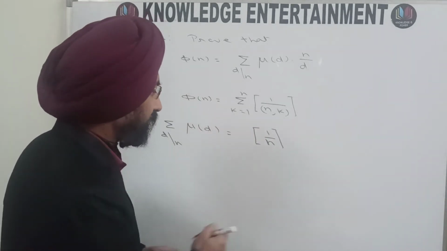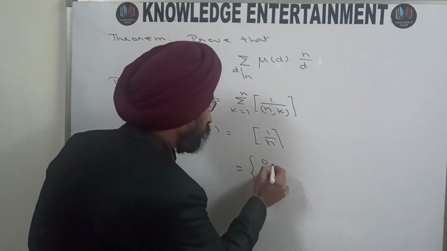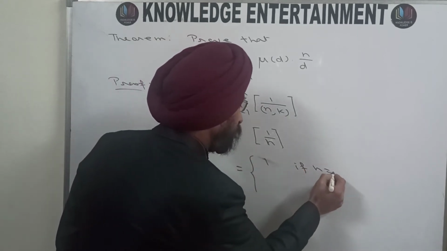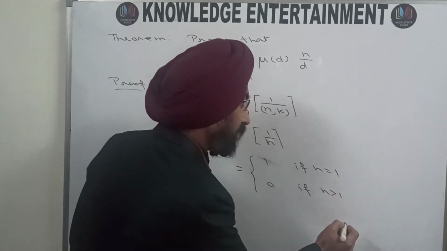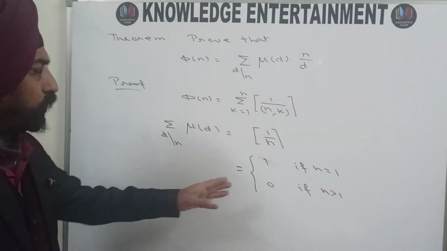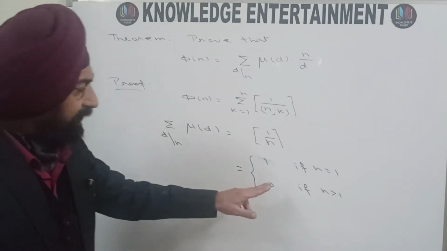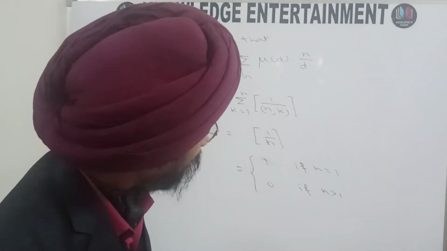So this result is 1 if n is equal to 1 and 0 if n is greater than 1. And this result you have just proved now. So this result can also be written in this form.